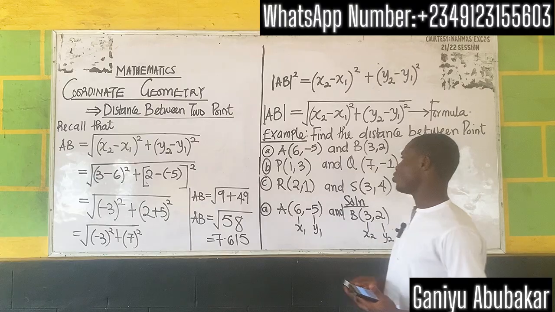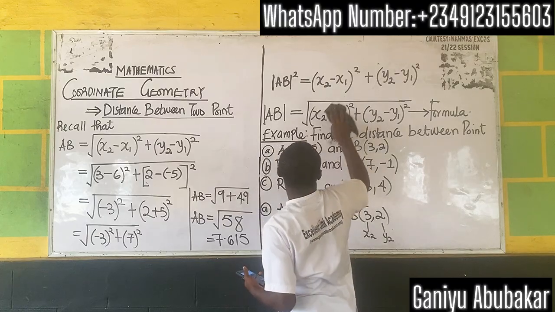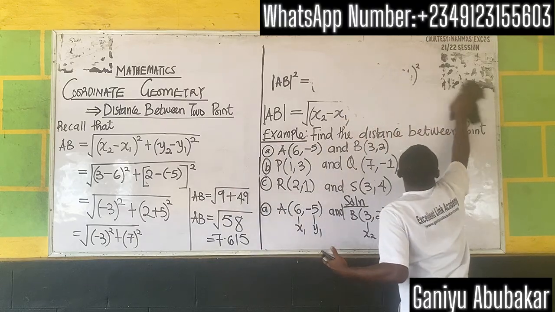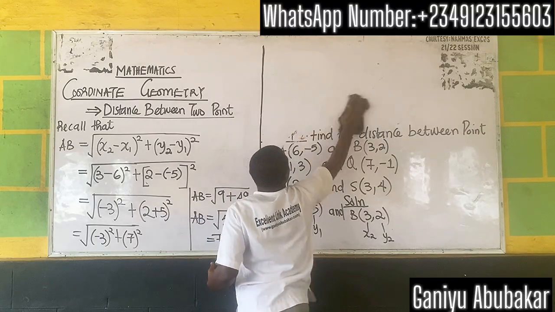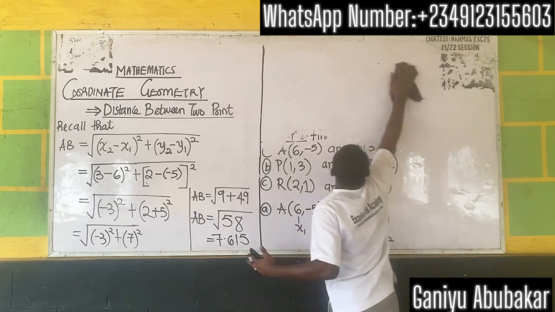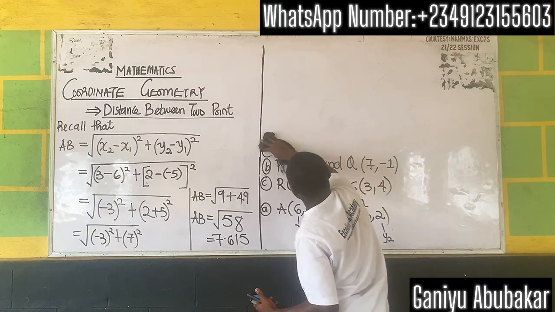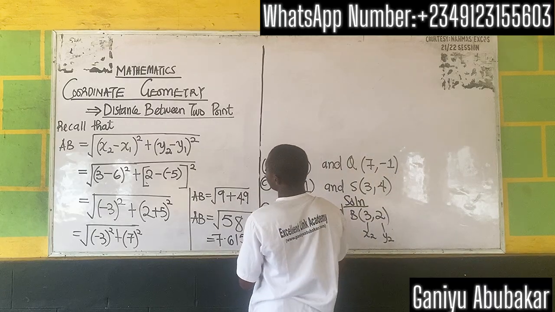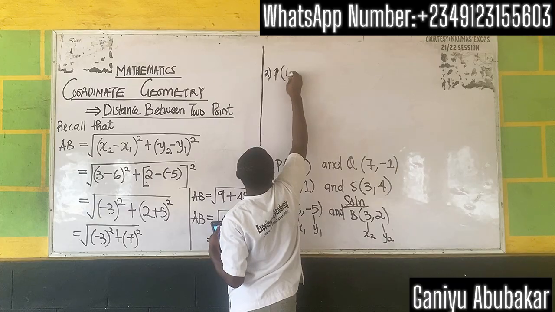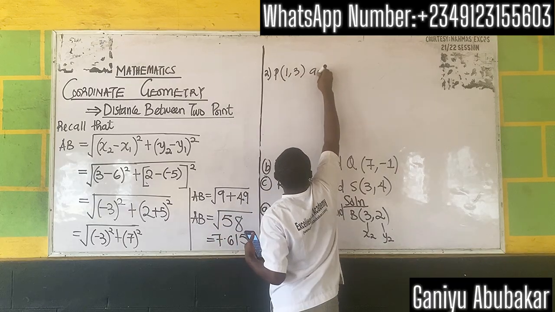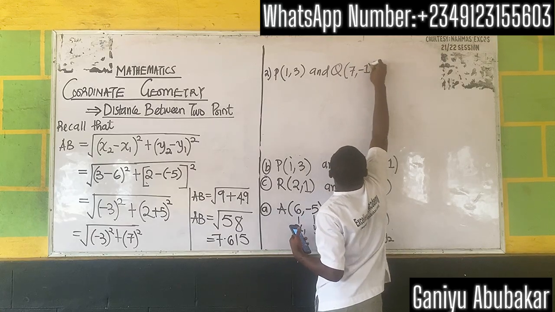Let's do question 2. For question 2, I'm having P, the coordinate there is (1, 3), and Q, the coordinate there is (7, negative 1).